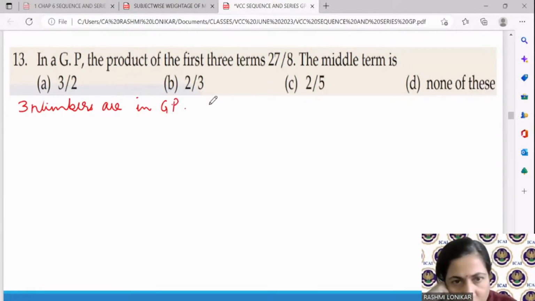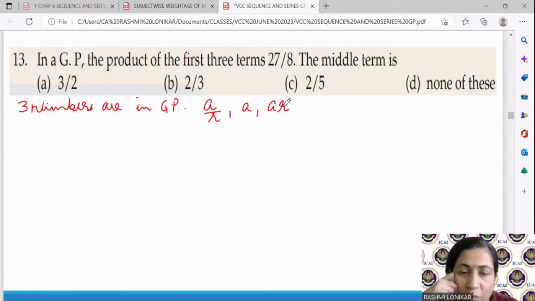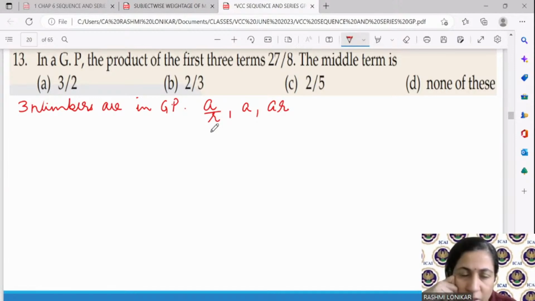So what should I take? I should take A by R, A and AR. So this will be my T1, this will be my T2, and this will be my T3. Okay, 3 numbers in GP.